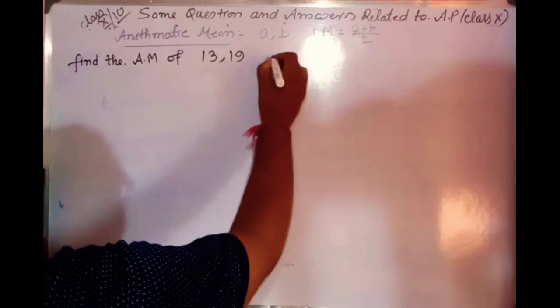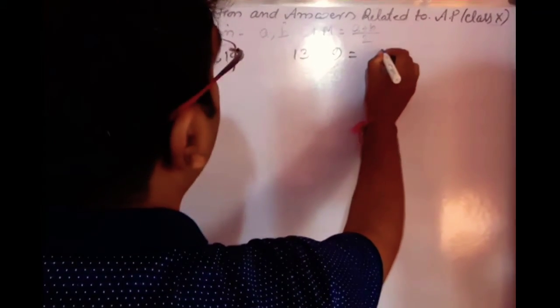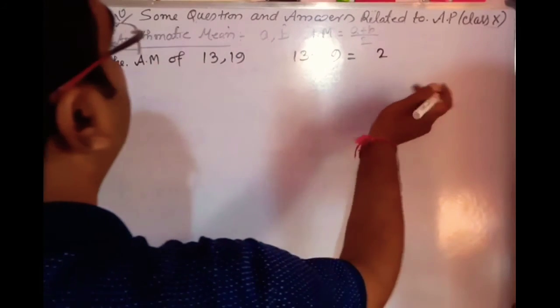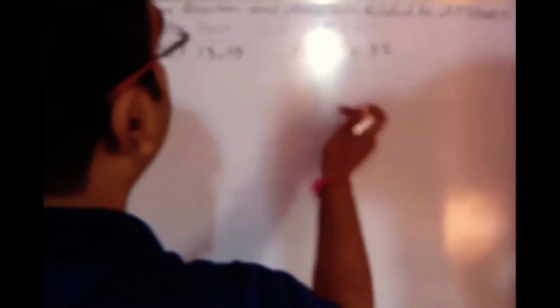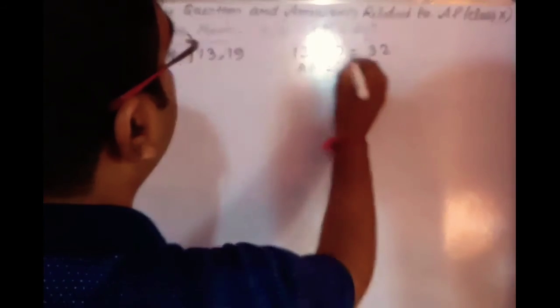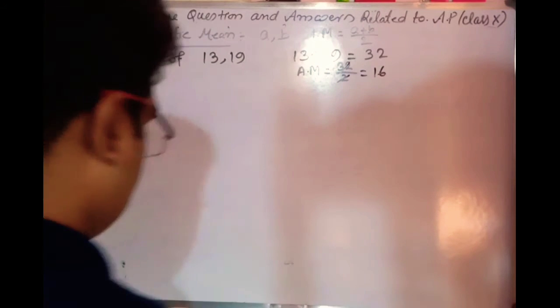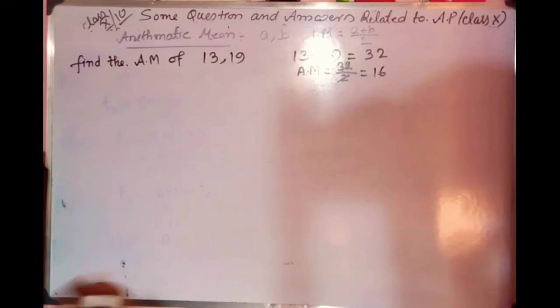We have to simply add 13 plus 19. What are we getting? That is 32. So the arithmetic mean, AM, is equal to 32 by 2, that means 16. So this is the arithmetic mean.